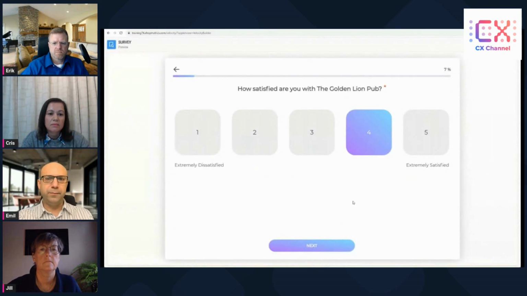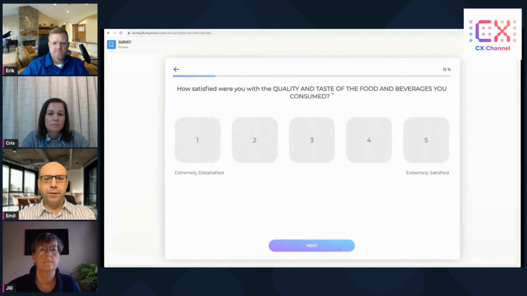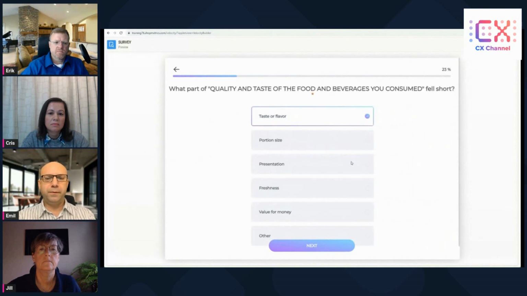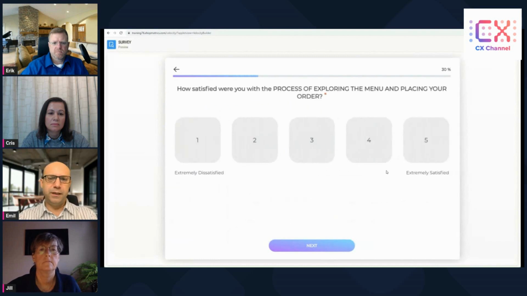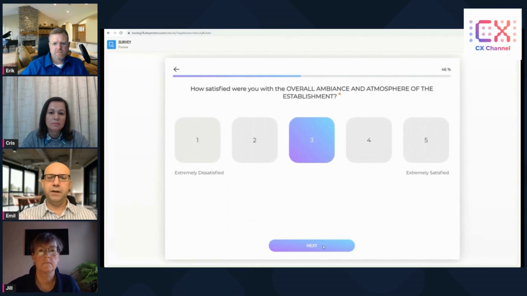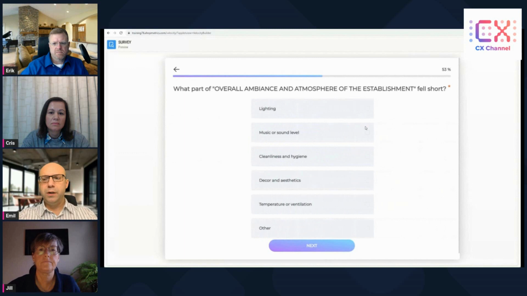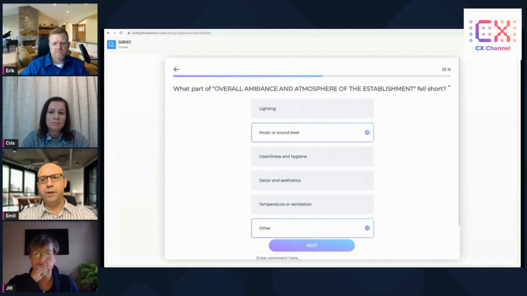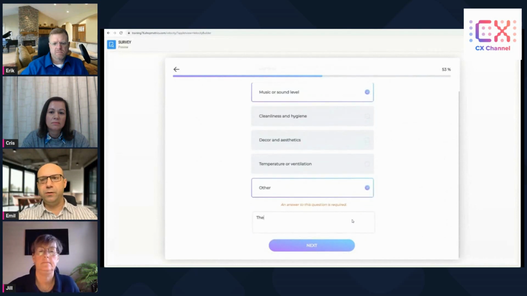There we go. So here we can see how we drill into the details if the key topic question is answered with anything other than 5. So answers 1, 2, 3, and 4 on the key driver question are going to trigger a drill down into the key driver detail questions.